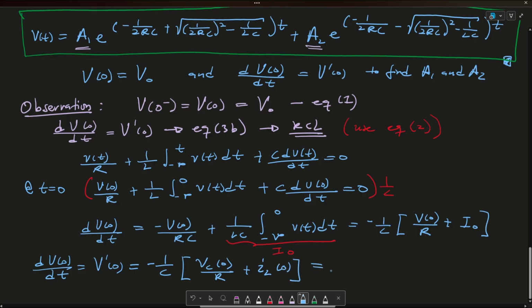Or you can say that this is minus V naught plus R times I naught over RC. Again, just to be explicit, V naught in this case is VC of 0, and I naught in this case is IL of 0.